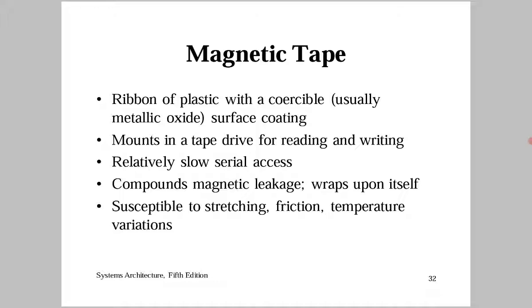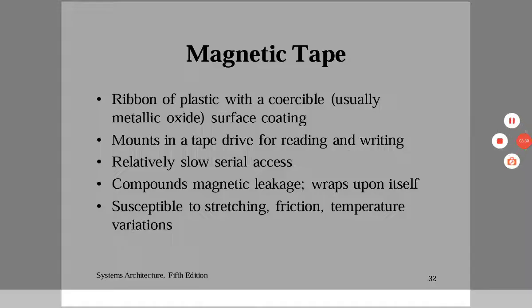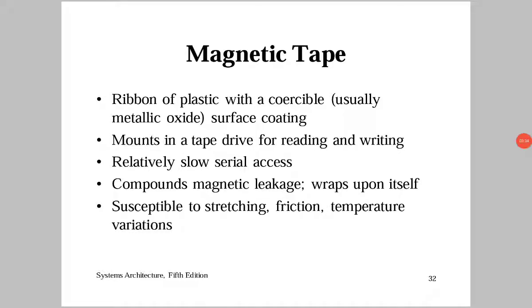It is very slow in operation, and the access mode is serial. Serial access mode means sequential mode. What is sequential mode? Sequential mode means reading one by one record, one after another, very slow.